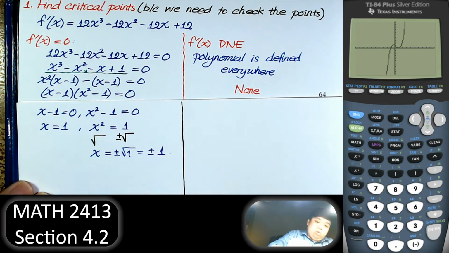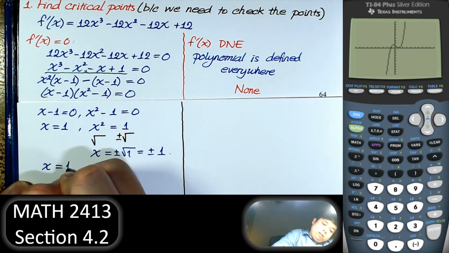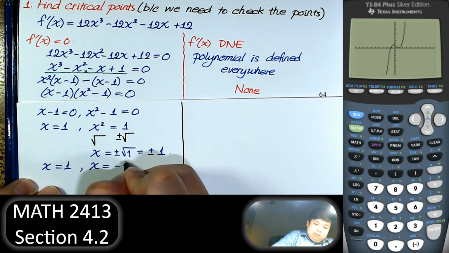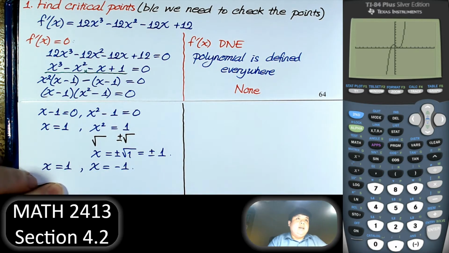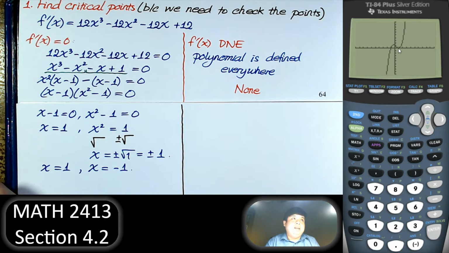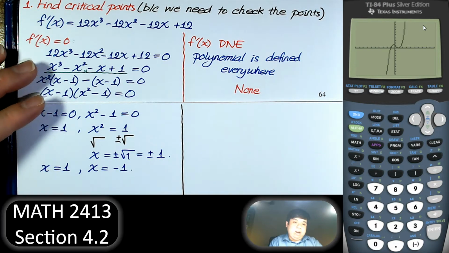So the bottom line is we only have x equal to 1 or x equal to negative 1. But in this case, x equal to 1 shows up in two different places, so that is an even root. Therefore, it touches the x-axis and then bounces. Right, so we take the derivative. That's what we have.